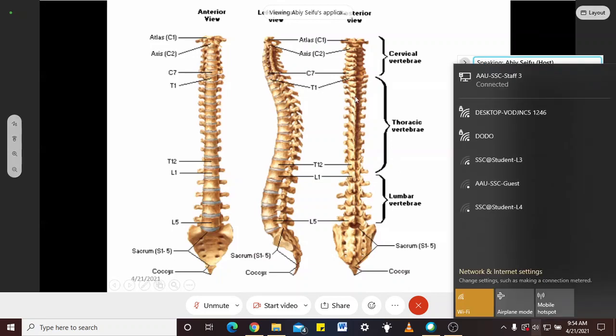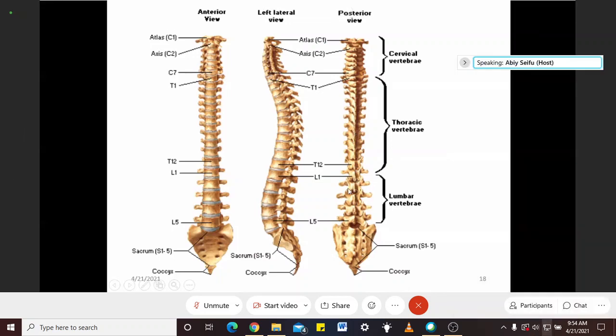The size of the bodies of the vertebrae increases inferiorly, which is visible on the lateral, posterior and anterior views of the vertebral column. You see the size of the bodies increases from superior to inferior. L5 has the largest body, and it receives the highest weight of our body.